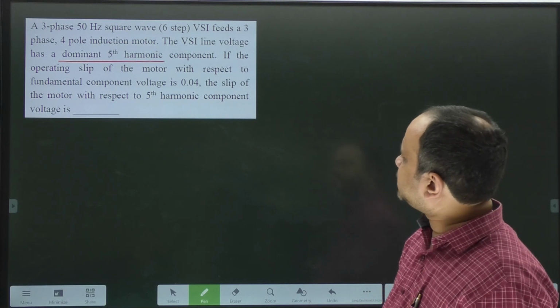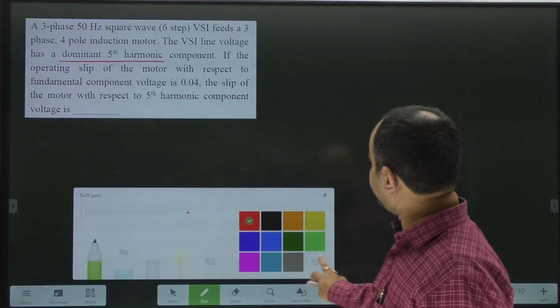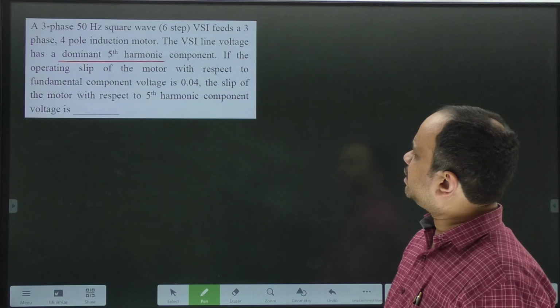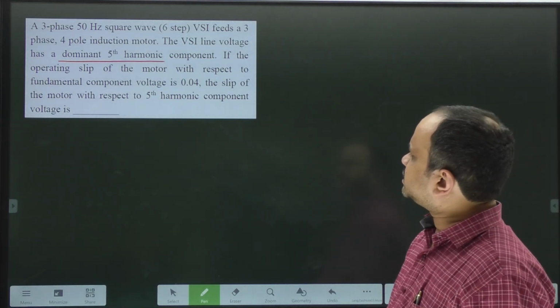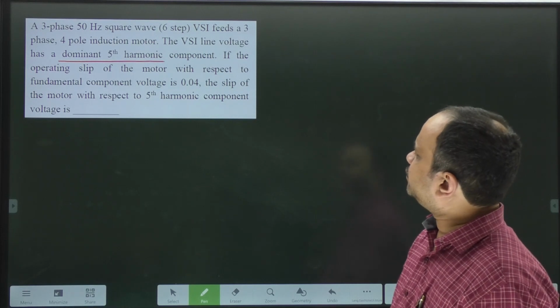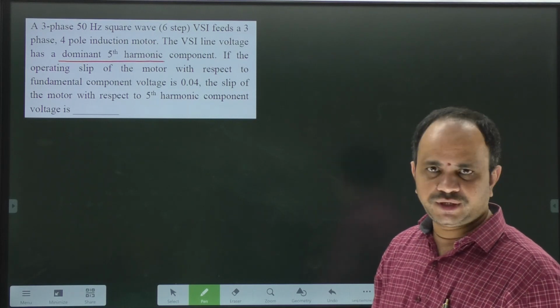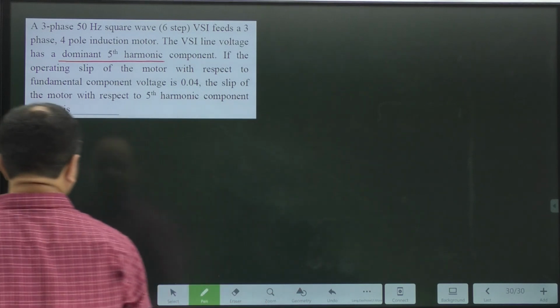If the operating slip of the motor with respect to the fundamental component voltage is 0.04, find the slip of the motor with respect to the fifth harmonic component. Now let us try to solve this problem.